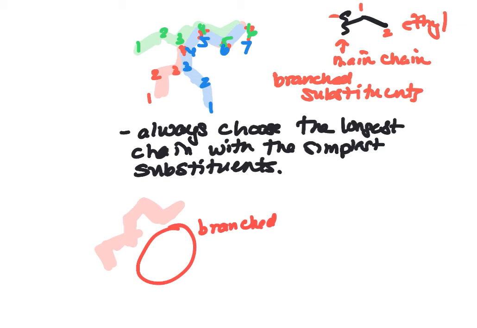So in red, I highlighted the main chain, and then we would have 1, 2 carbons. There is a methyl substituent on carbon 1, so the branch chain would be named 1-methylethyl, and it would be in parentheses. Let's look at the blue path.